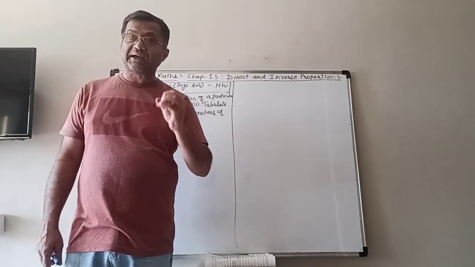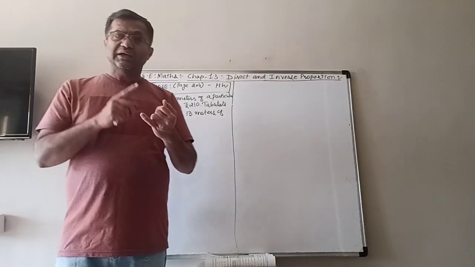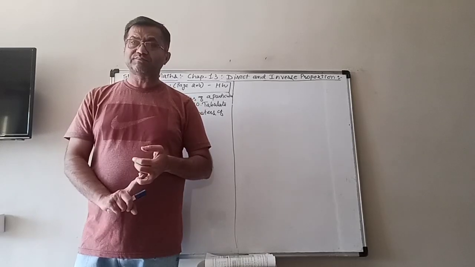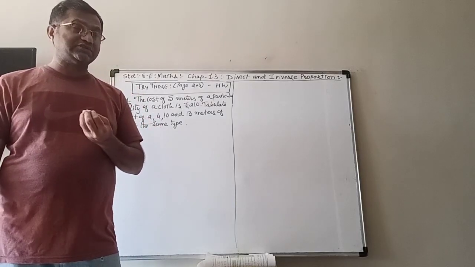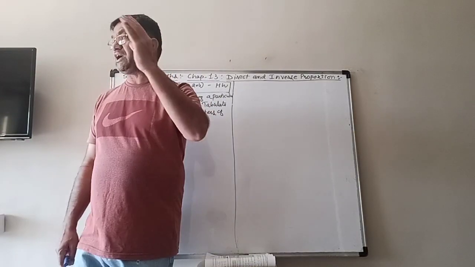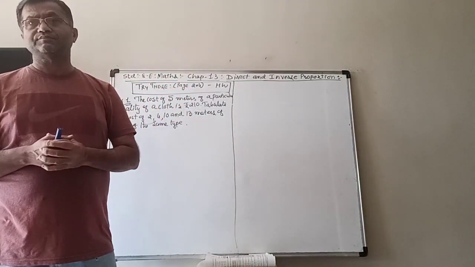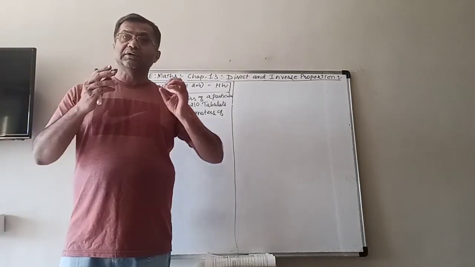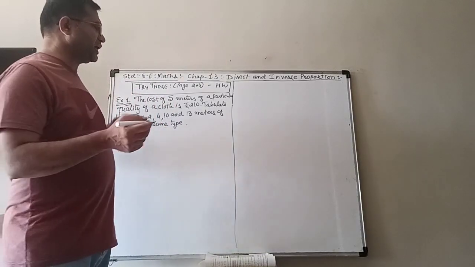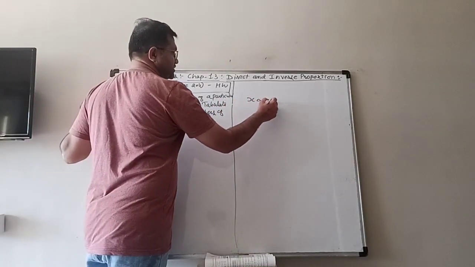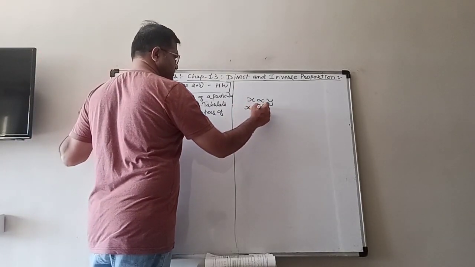We wrote yesterday that x1 upon y1 equals x2 upon y2 equals x3 upon y3 equals k. Then they have a direct proportion relation. We write using the symbol that x varies as y, or we can write that x is equal to ky.